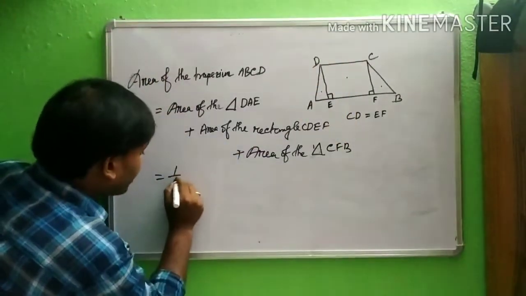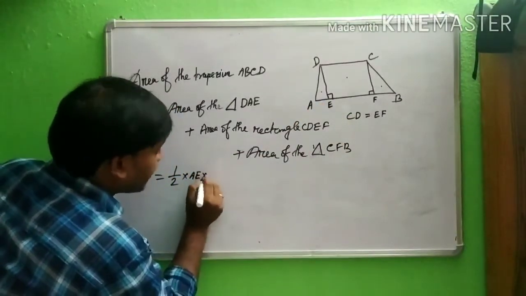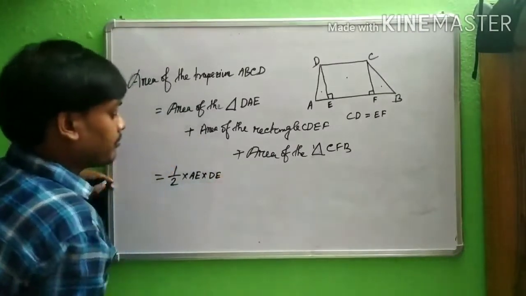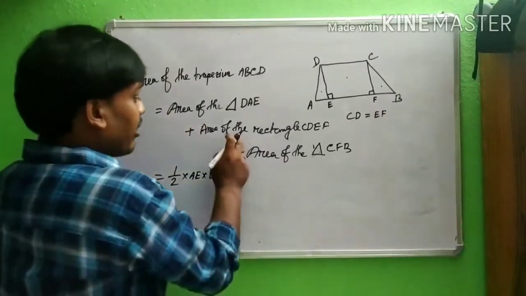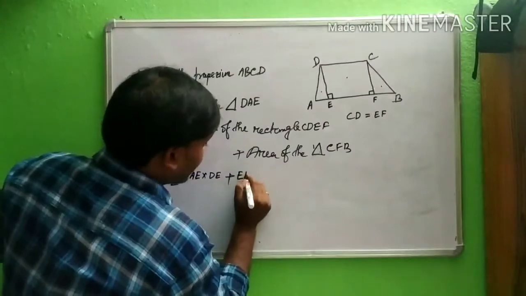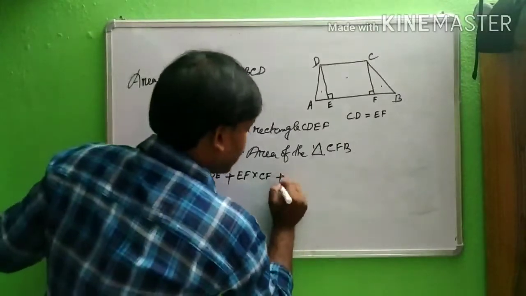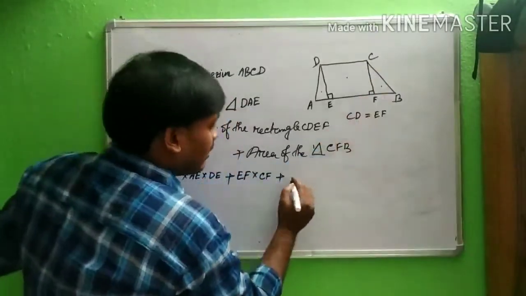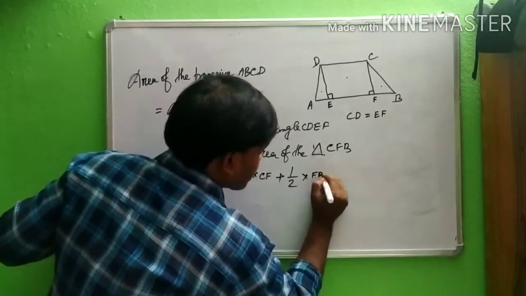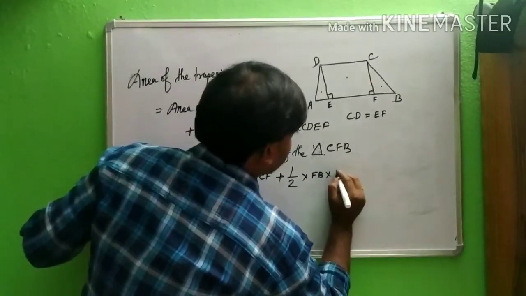So half into base AE into height DE, plus area of the rectangle, length into breadth, that means EF into CF, plus area of this triangle is half into base into height, base means FB, into height CF.